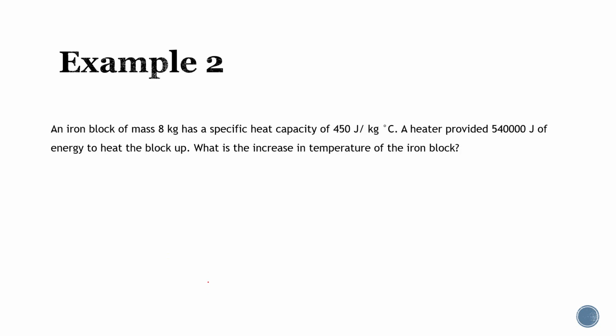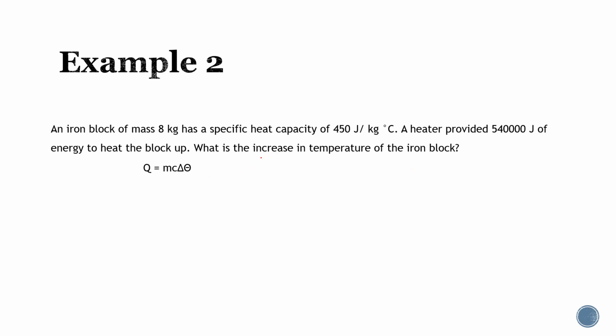Another example: this iron block of mass 8 kg has a specific capacity of 450. A heater provides 540,000 joules of energy to heat the block. What is the increase in temperature of the iron block? So again, this is another way to apply the formula.